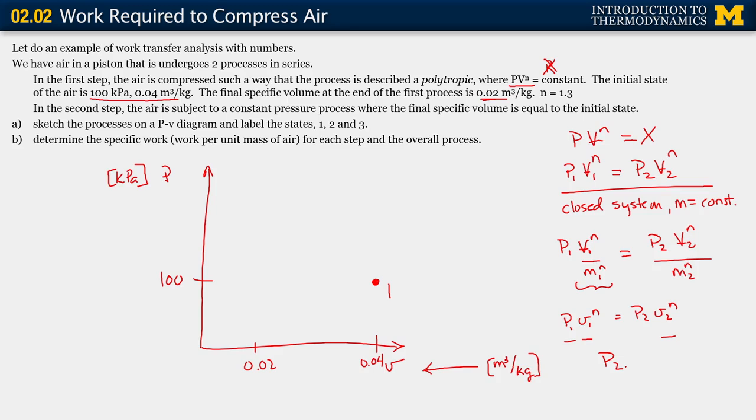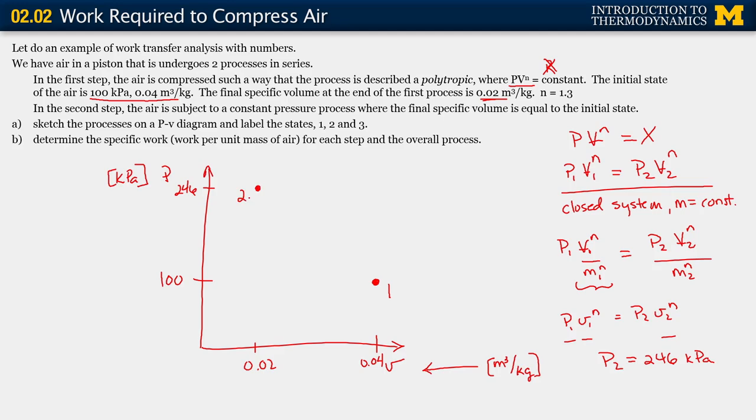So that pressure, if you go ahead and plug in the numbers here, will be 246 kilopascals. And you all remember how to do this type of solution, but it should be pretty straightforward. So what we know now is that the specific volume at state 2 is 0.02, and the pressure is 246 kPa. And so I can now label state 2.